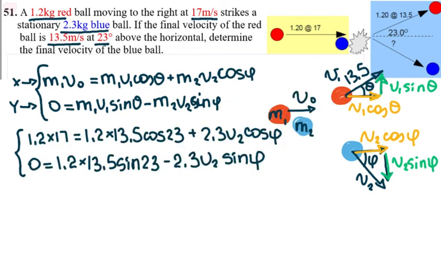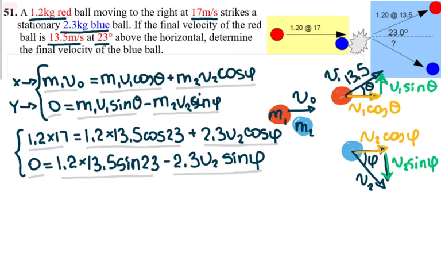Here I plug in the numbers for m1 v sub 0, and then I have m1 v1 cosine theta, and then I have m2, v2 is not known, and cosine phi is not known. And then I have 0, m1 v1 sine theta after the collision, and I have m2 v2 is not known, and phi is not known.